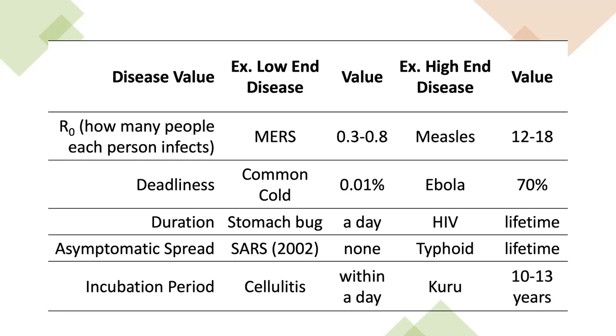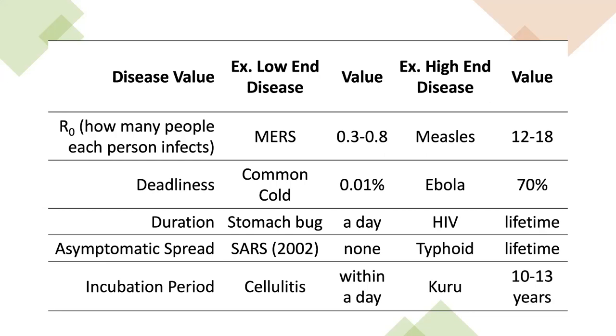Some diseases go away within a day, others last an entire lifetime, which can be brutally ironic if the disease happens to be terminal the way some HIV is. There's diseases that do not spread if you don't know that you have them, and then there's diseases that do.